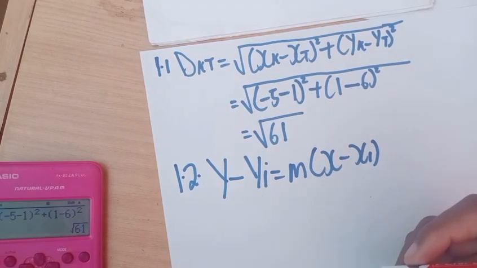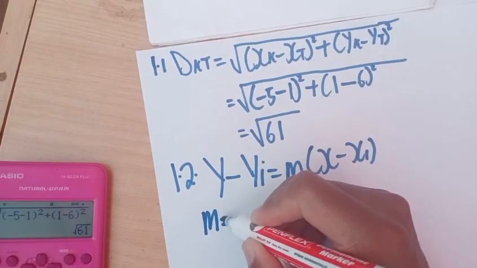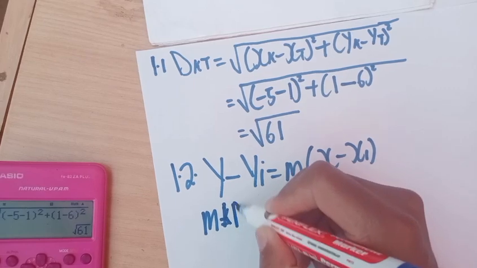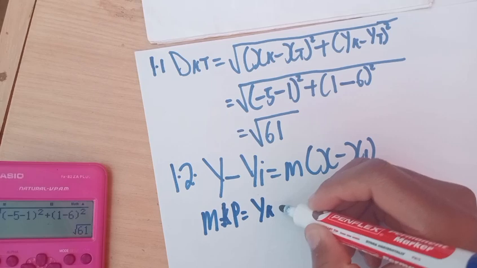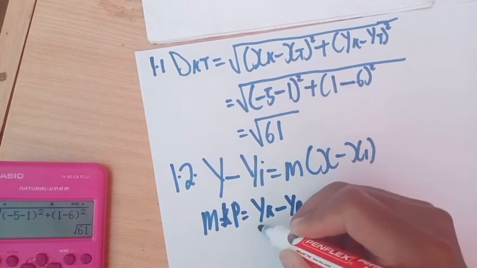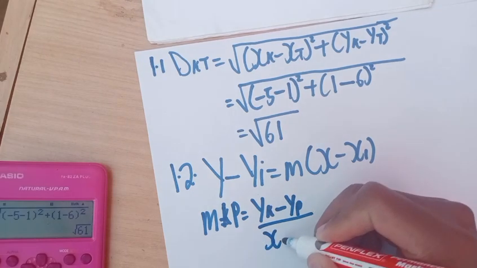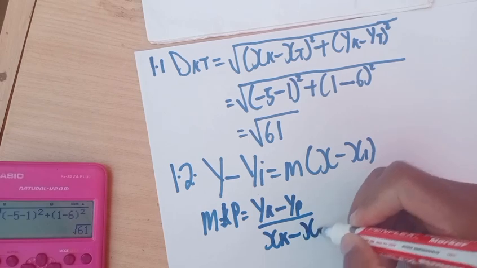Since they want the equation of line KP, first we look for the gradient of KP. The gradient of KP is (yk minus yp) over (xk minus xp).